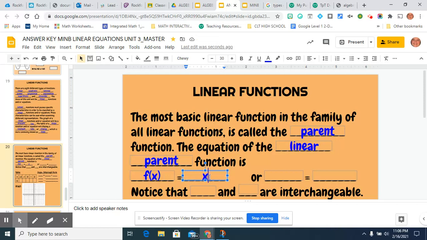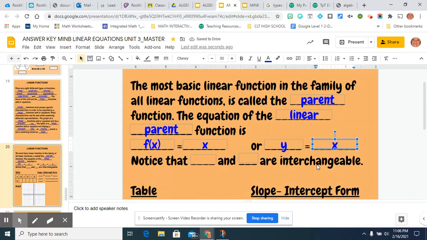So imagine almost like a broken machine. You put in one, one comes out. You put in two, two comes out. Okay. And we can write that another way, called y equals x. This is important because a lot of times when we're talking about linear relationships, we don't always write them in function notation.